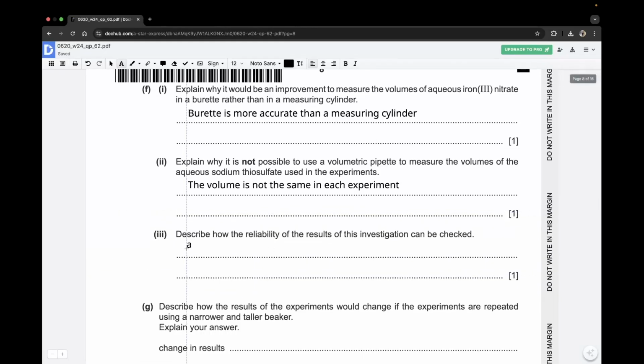Remember that if they ask for a way to increase the accuracy as well, instead of just giving this to you. Describe how the reliability of this investigation can be checked. It is always repeat the experiment, compare the results and exclude anomalies.